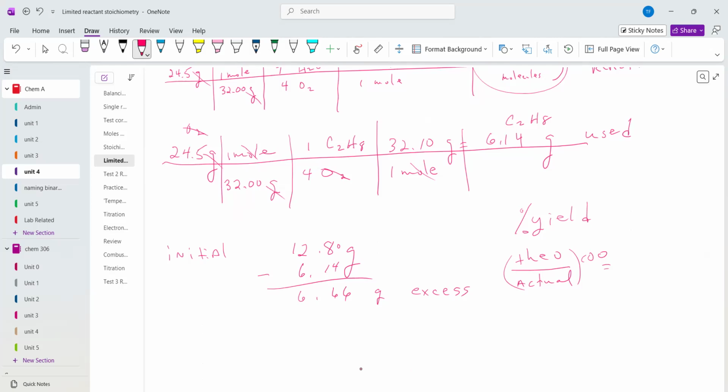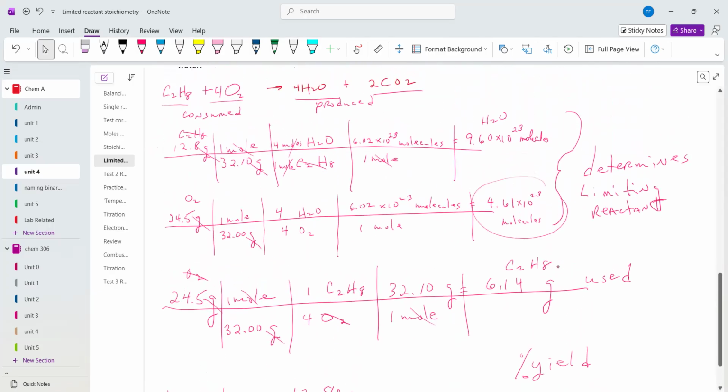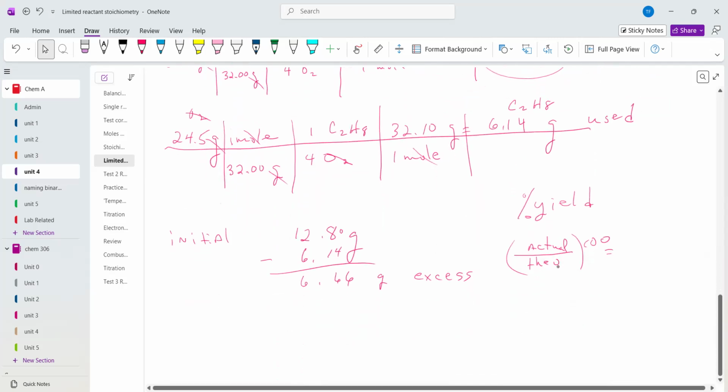So our theoretical, oops, excuse me, it's flip-flopped. Okay, so our actual yield was 4.61 times 10 to the 23.